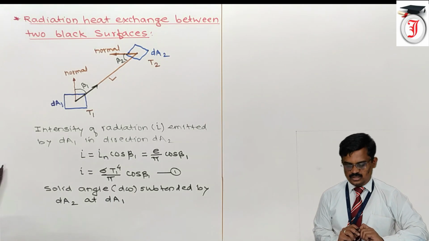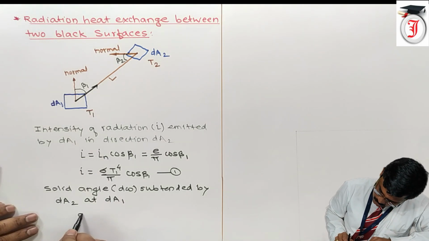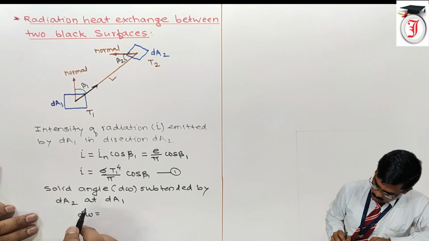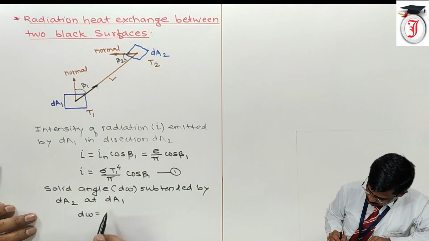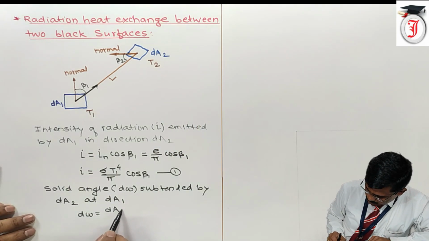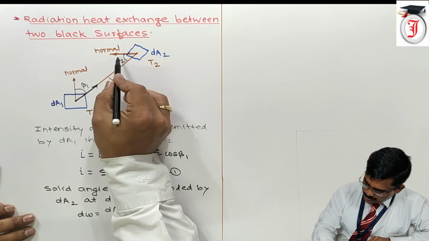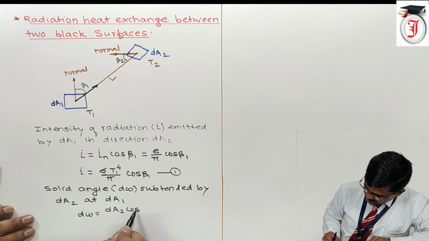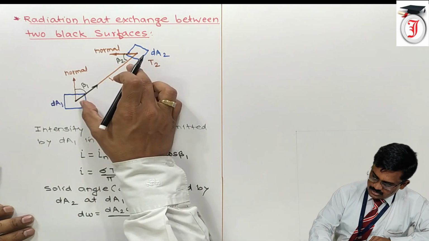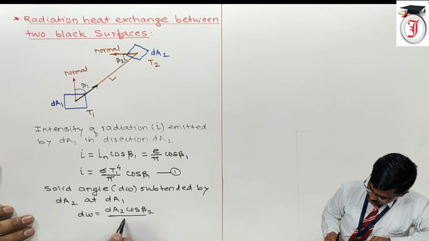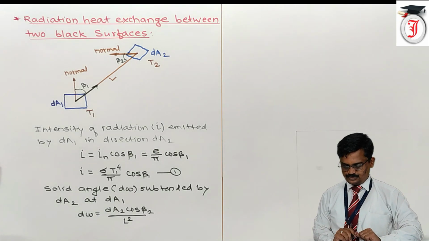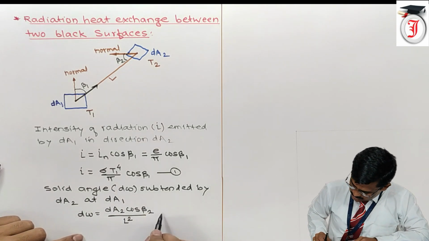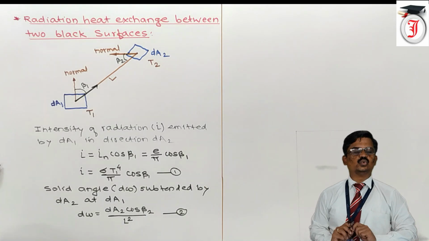That is equal to d omega is equal to this surface dA2 into cosine of angle beta 2 upon the square of the distance, which is L square. Let us consider this as equation number 2.